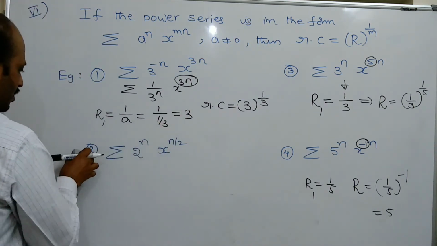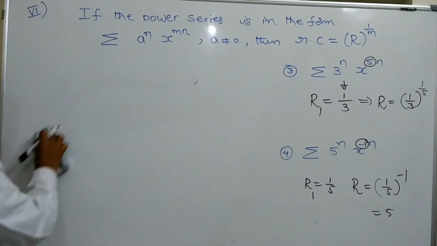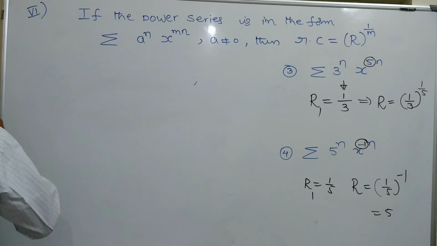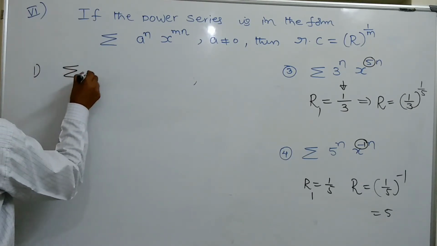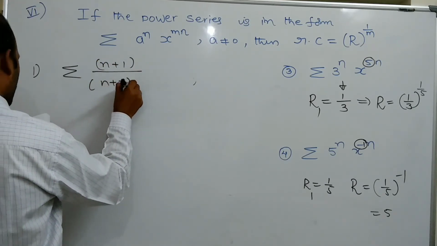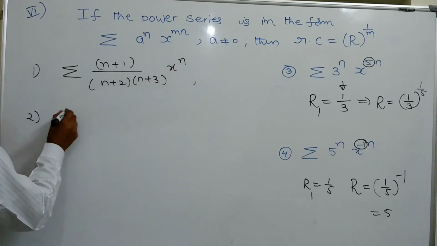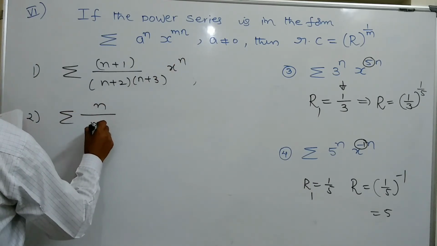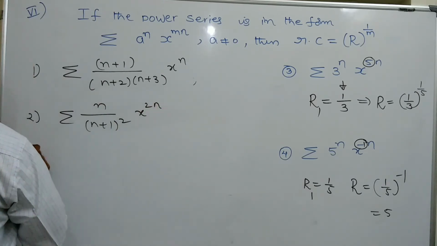Let us check the following radius of convergence. Do homework. I give some examples. Find the radius of convergence of the following power series by using the previous results. Summation n plus 1 by (n plus 2) into (n plus 3) into x power n. Summation n by (n plus 1) whole square into x power 2n.